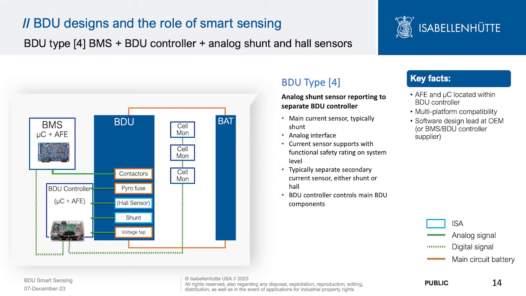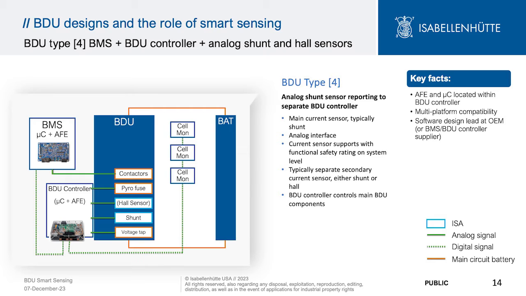So there would be one analog main current sensor, which is typically a shunt with the analog interface to the BDU controller. And again, this shunt sensor would support with functional safety rating on system level. And again, there would typically be a separate secondary current sensing module here that could also be included again into one, but that would be exactly the same as for type 3.